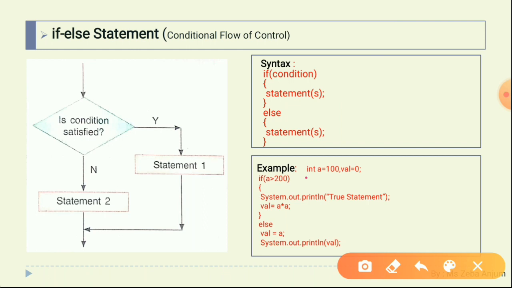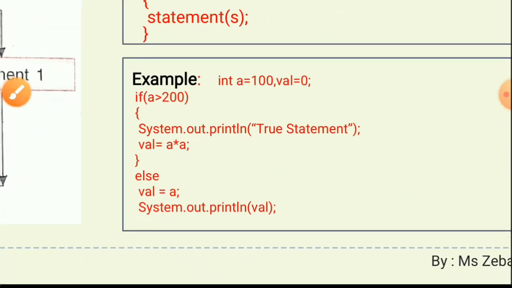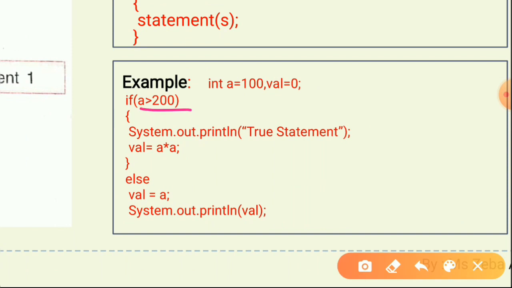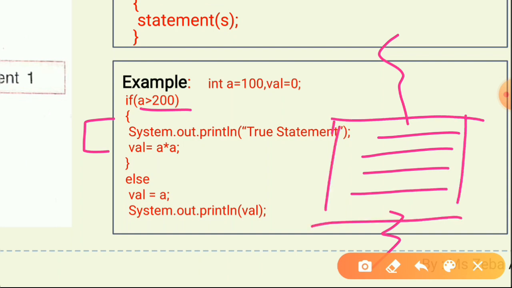int a equals 100, we have val as 0. Now again see over here, there is a condition and we have these two statements, compound statements basically. Now see students, if in your brackets you have more than one line of statements, it means you have a compound statement. These groups of statements are known as a compound statement.